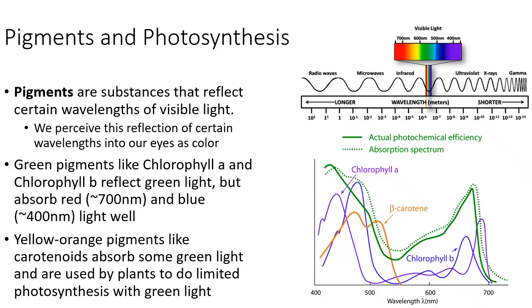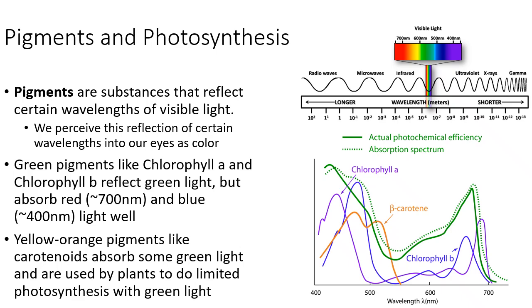So we can see that there are spikes in our graph in the 4 to 500 range and then down by the 700 range where chlorophyll absorbs light super well. And that's one of the reasons why a lot of people's grow lights look purple, because there's actually a combination of red LED bulbs and blue LED bulbs to provide those wavelengths of light that are best absorbed by chlorophyll.